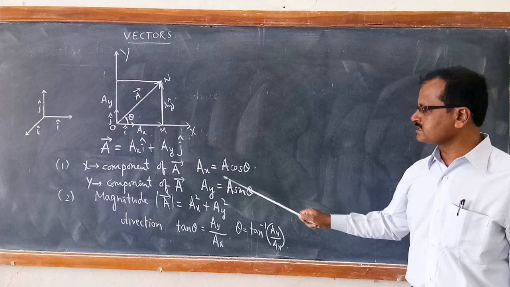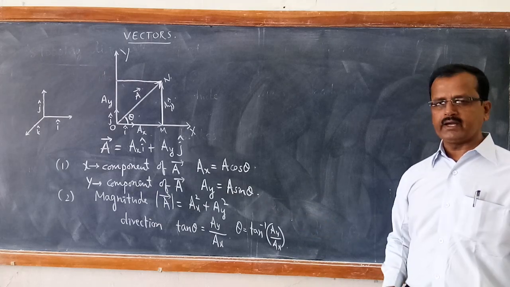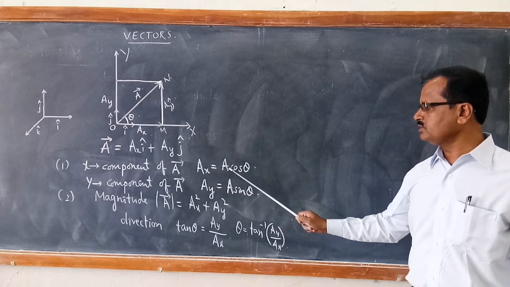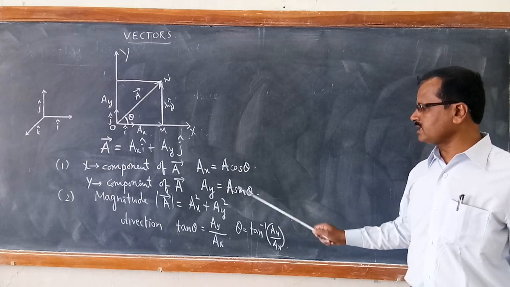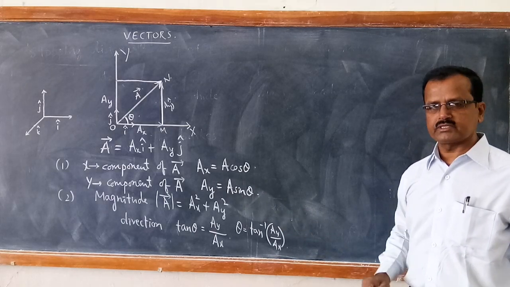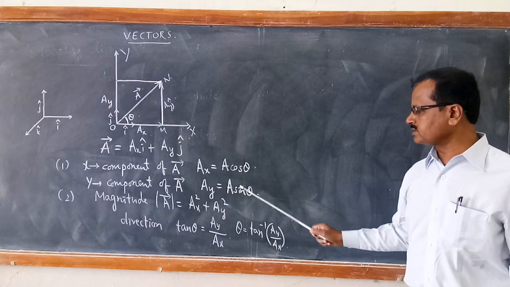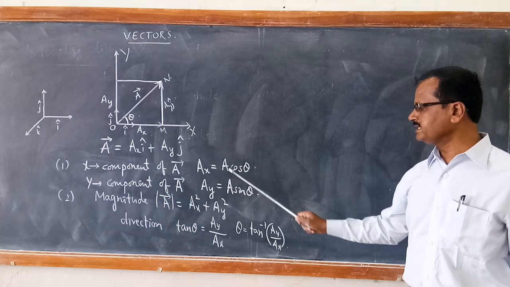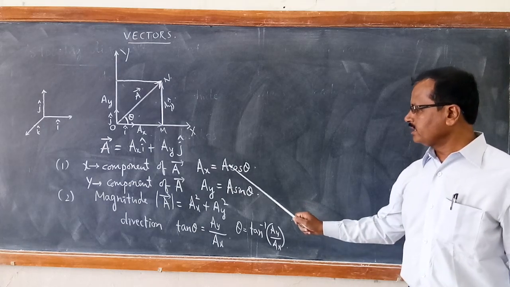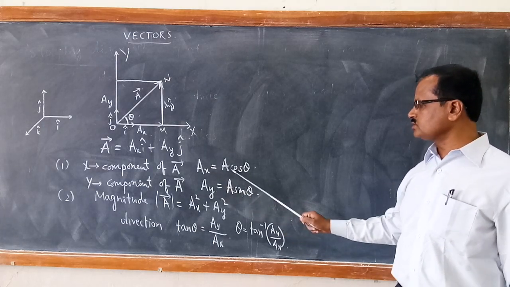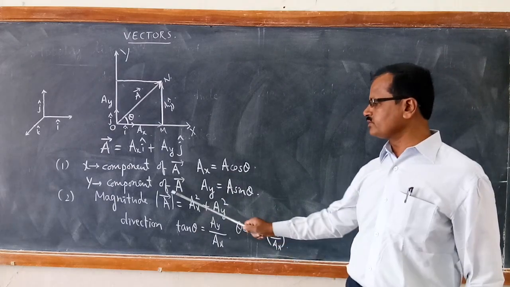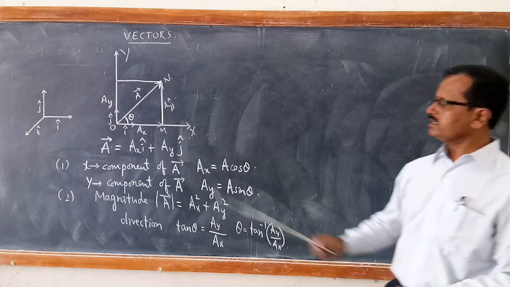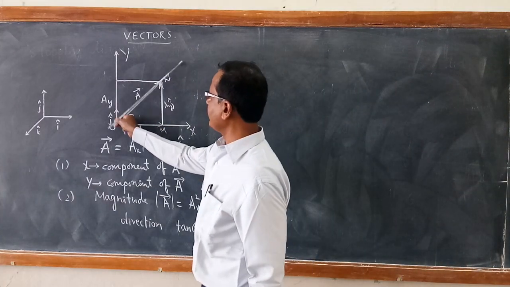Squaring this Ax and squaring this Ay and adding them, Ax square plus Ay square gives you A square cos square theta plus A square sin square theta on the right hand side. So if you take cos square theta plus sin square theta out, you are left with A square as common. So Ax square plus Ay square is equal to A square, where A is the magnitude of vector A. Then finding the direction of vector A: in what direction is vector A pointing?